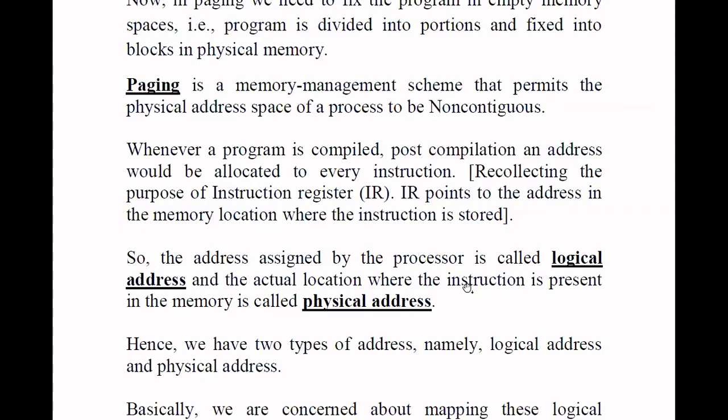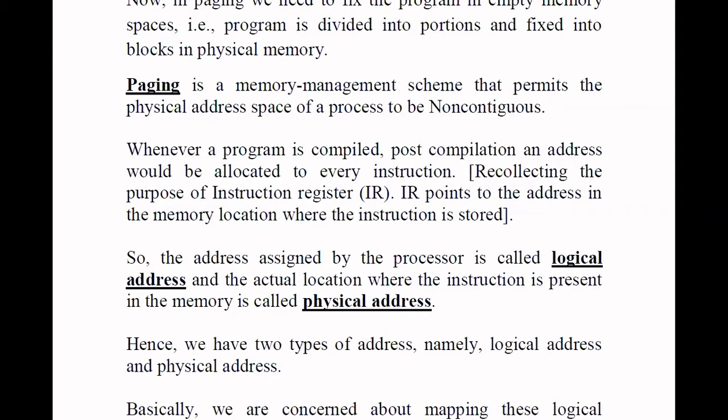To have better clarity, we can recollect the concept of the instruction register and program counter. The program counter stores the value of the next instruction which needs to be executed. The instruction register exactly points to that address in the physical memory where the instruction is stored. So it retrieves that specific instruction from the physical memory and starts the execution.